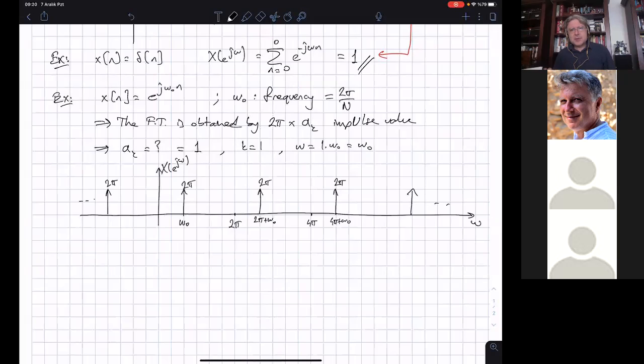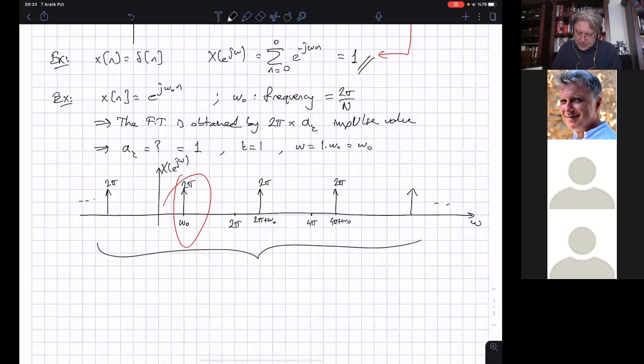If you are uncomfortable with this kind of a visualization, you may think of it like this. We found one of the coefficients at the desired place, and all the other ones are artificially inserted or generated to make this capital X of e to the j omega 2 pi periodic. So the whole thing here is 2 pi periodic, which must be 2 pi periodic. So we make it 2 pi periodic.